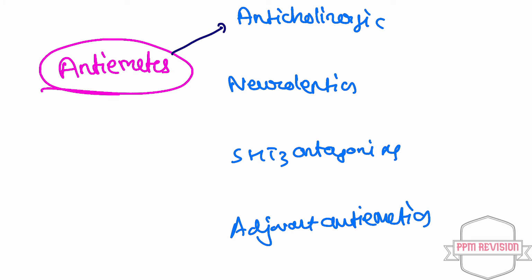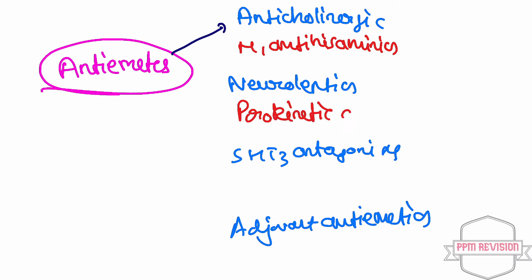Now we have missed out a few, that is it includes H1 antihistaminics as well. Next we also have the prokinetic agents. Then after the prokinetic, there is also the NK1 receptor antagonist.